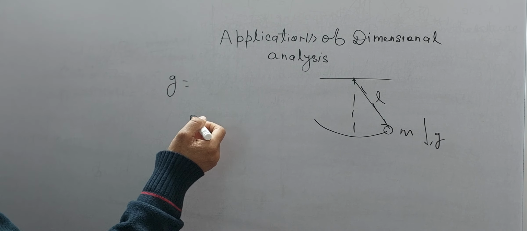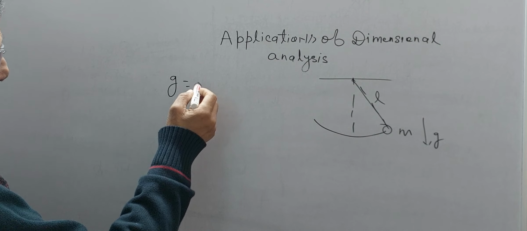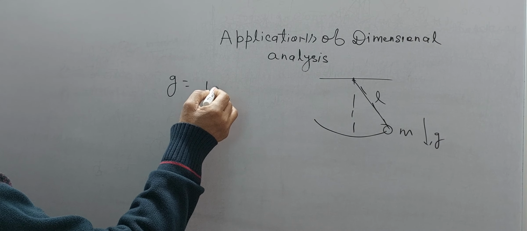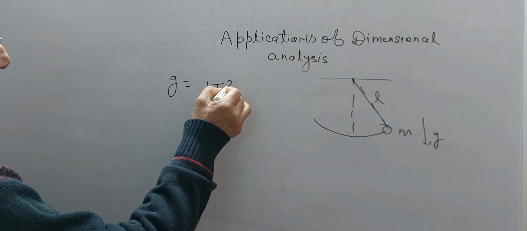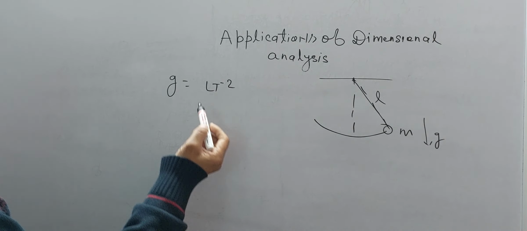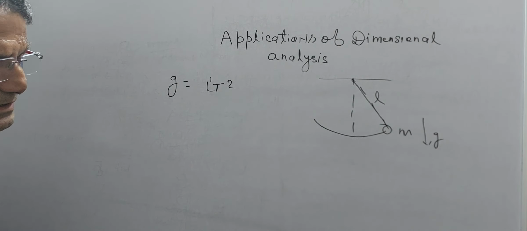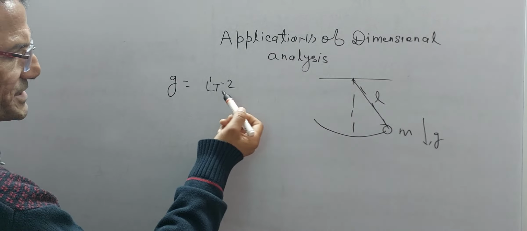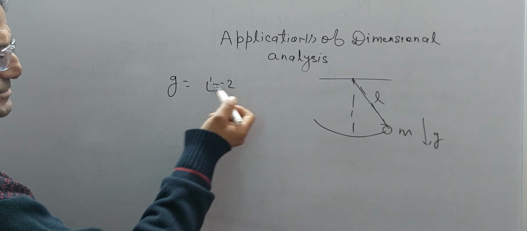First of all, the dimensions of g is LT minus 2. So here the power of L will be the dimension of length, 1, and the power of T will be the dimension of time in g, which is minus 2.